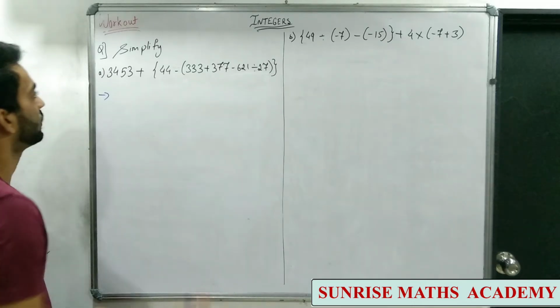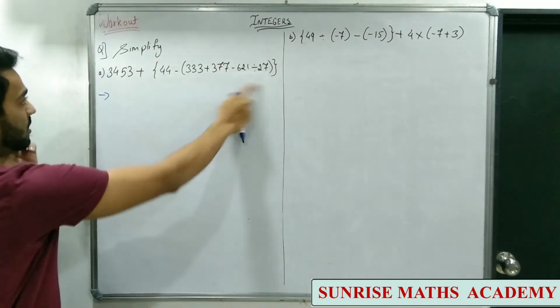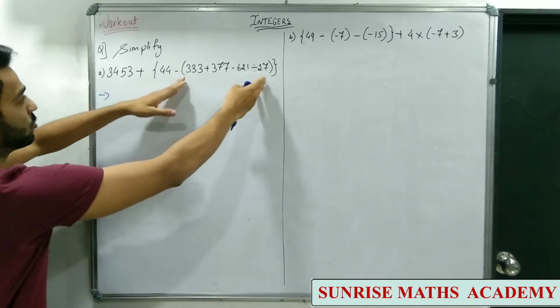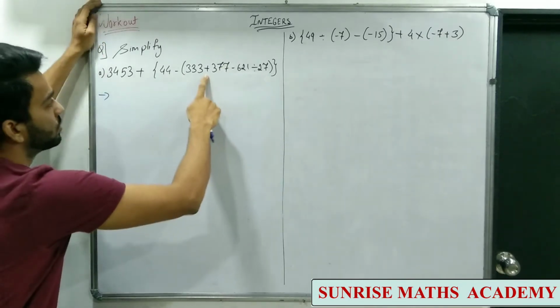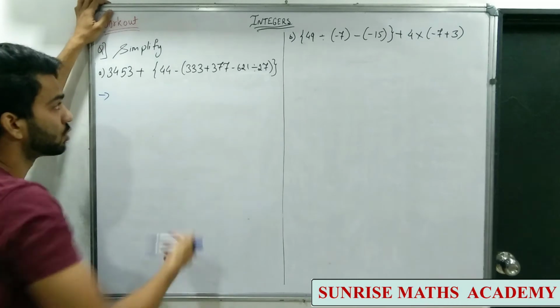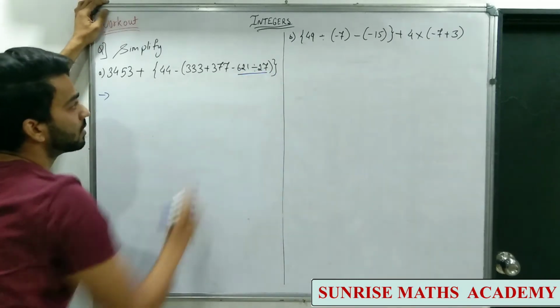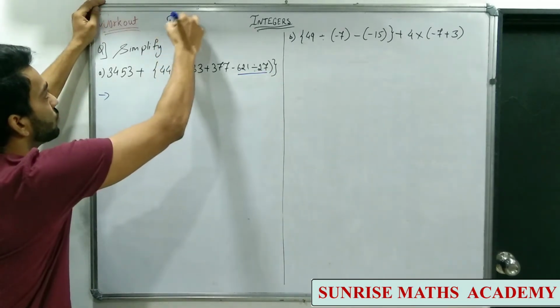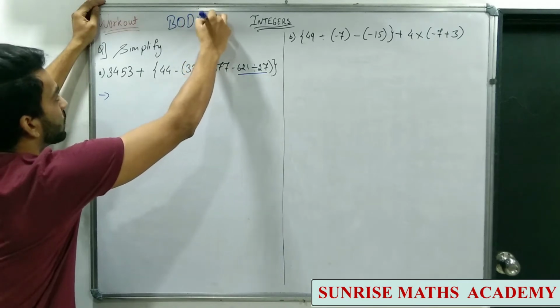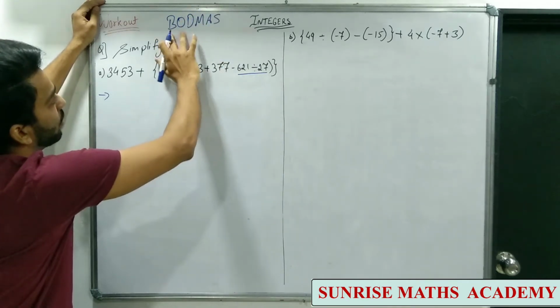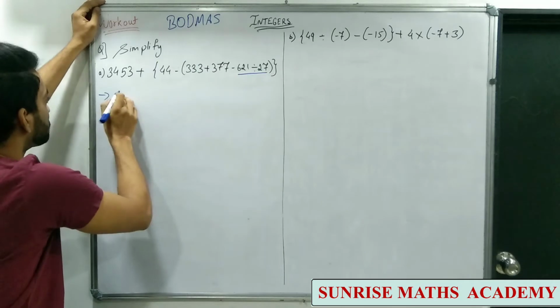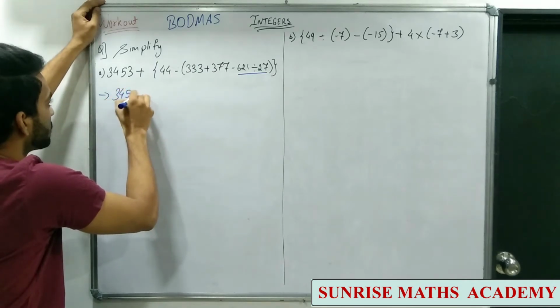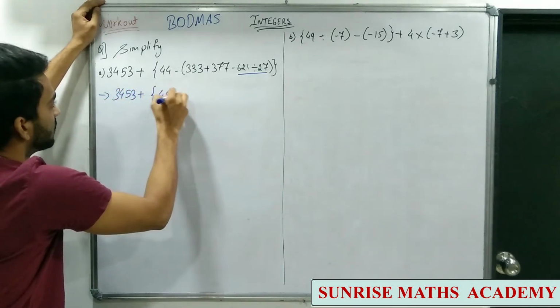So the first one we have here, we can see there is a curly bracket and there is a round bracket. So the innermost bracket we will solve. In this we have addition, subtraction, division. So first we have to solve the division as per the BODMAS rule. Bracket off is not there, then division, and the rest of the expression will be written as it is.